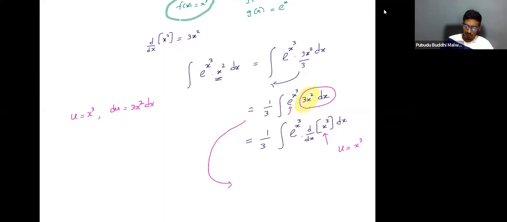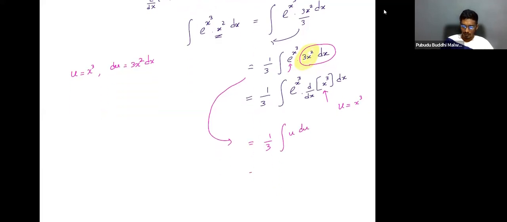So basically 1 over 3 u du, then integrate that. I think you will get u squared over 2, because of the power rule, plus c.